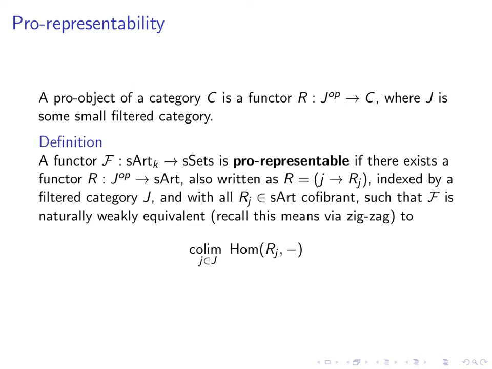The definition: a functor F is pro-representable if there is a pro-object R from J op to Artin simplicial rings, indexed by some filtered category, with all the R_j cofibrant, such that F is naturally weakly equivalent, recall this means by a zigzag, to the functor given by the colimit of Homs out of R_j.